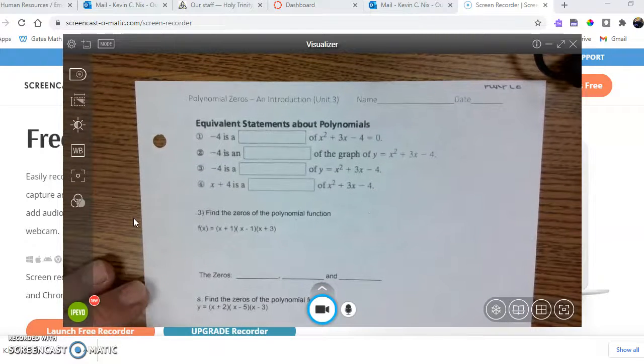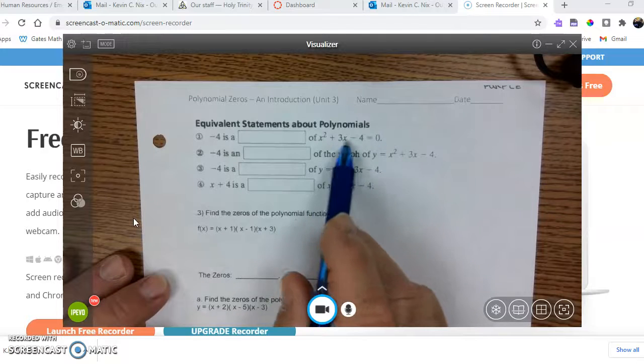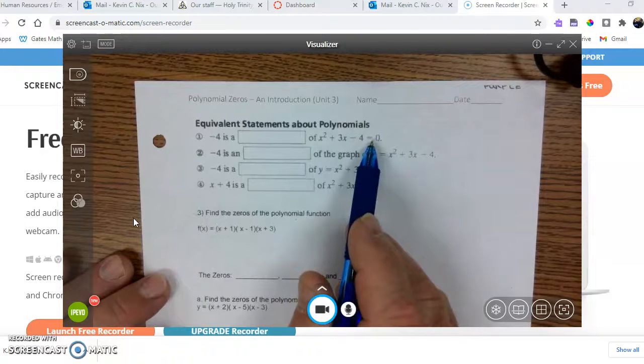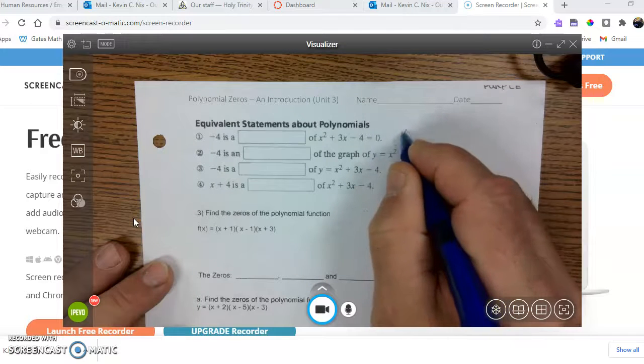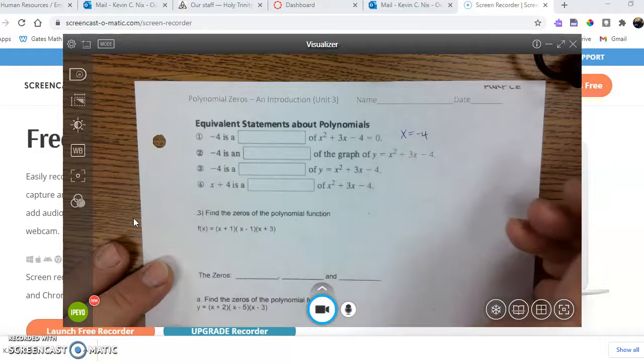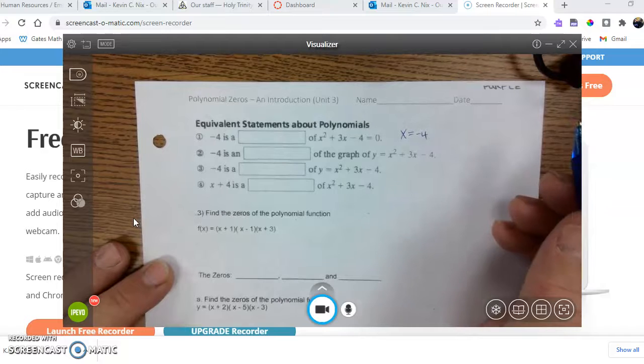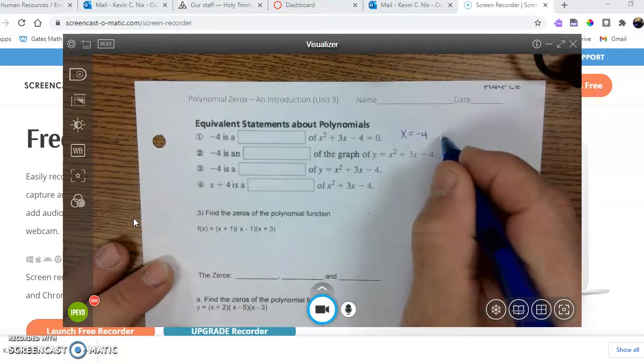All right. Guys, if you factored this or did the quadratic formula, you would get x equals -4, and you would get x equals +1.